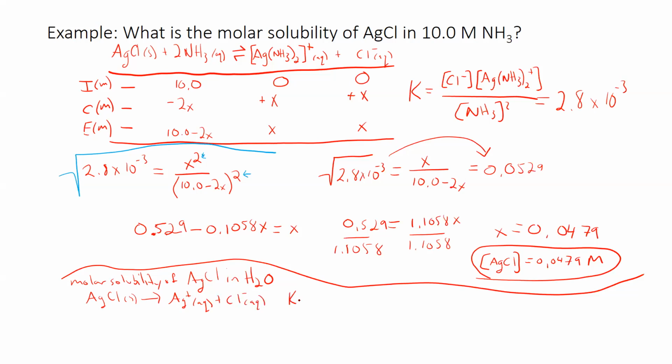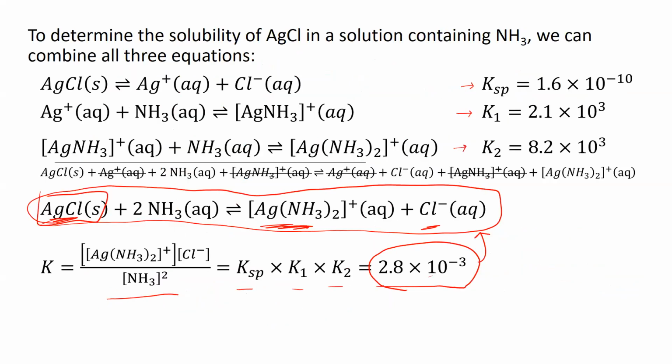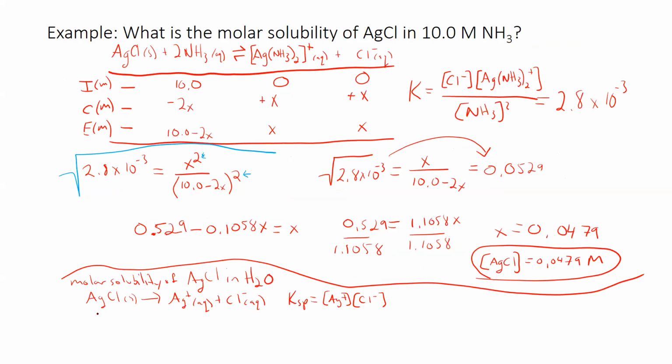Well, KSP will equal the concentration of silver times the concentration of chloride, right? So essentially, without putting the full ICE box together, your KSP, which you can actually go up here to get, is 1.6 times 10 to the minus 10 for the chloride solid dissociating into silver ion and chloride ion.